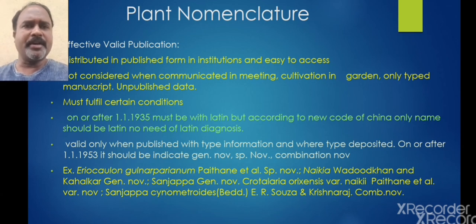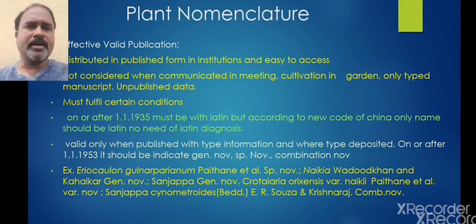Then new combination. What is meant by new combination? When a species is found in another genus, but according to the author, it should be placed into another genus, and when it is put in another genus, the author name is given in a bracket, that is parenthesis, and after that there is a new author name.